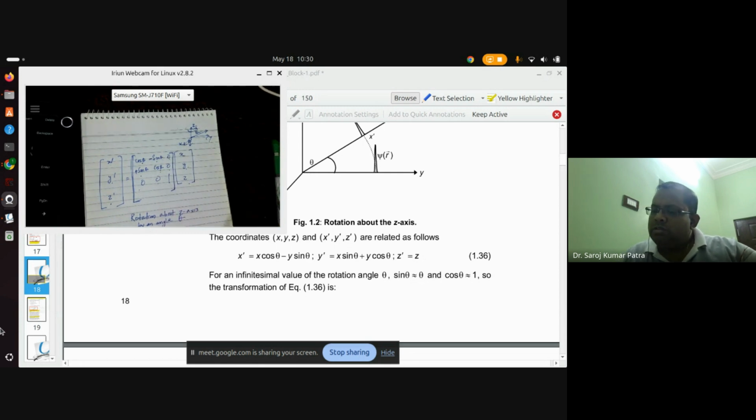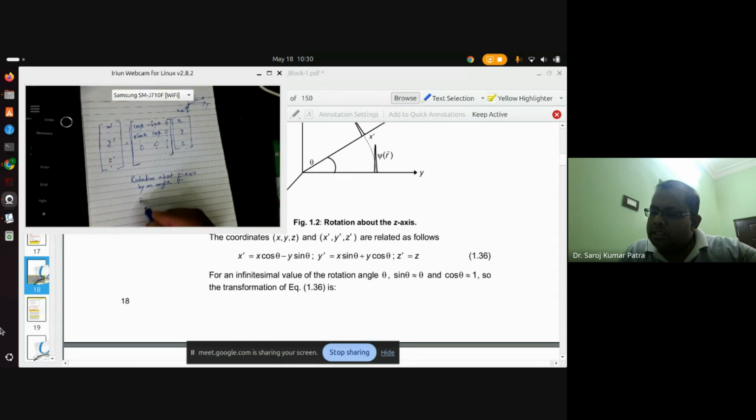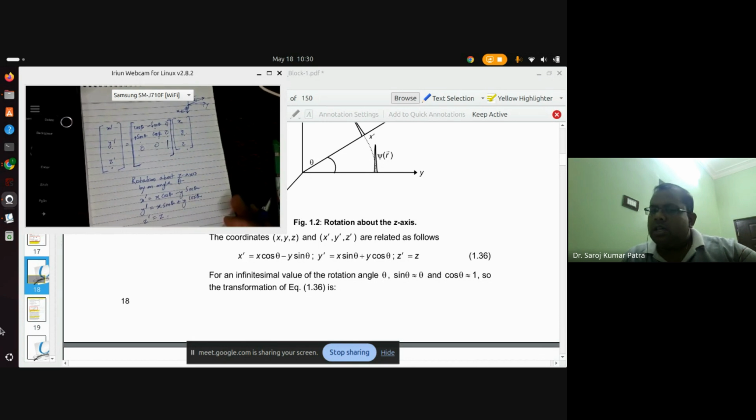So this will basically give you x prime is equal to x cos theta minus y sin theta, y prime is equal to x sin theta plus y cos theta, and z prime is equal to z. Okay.